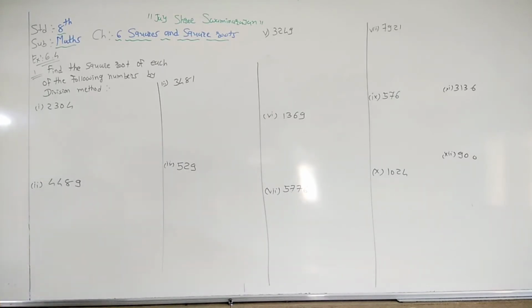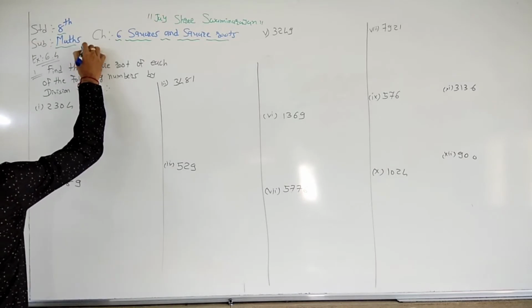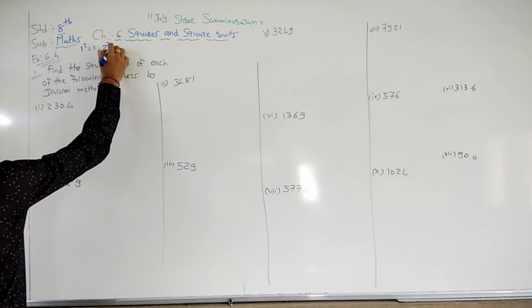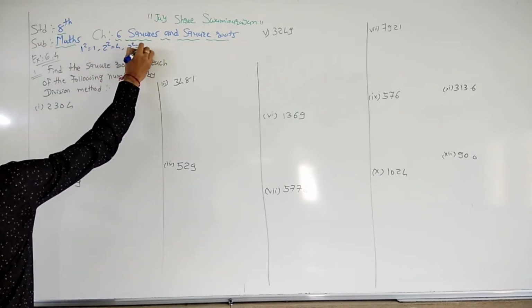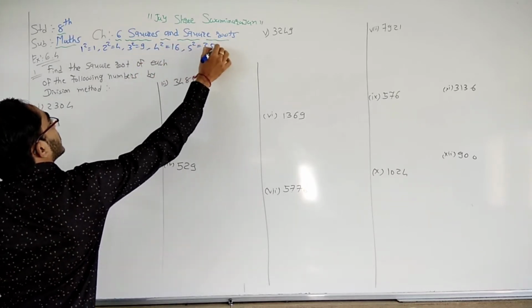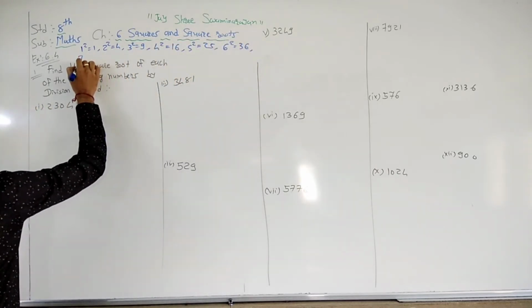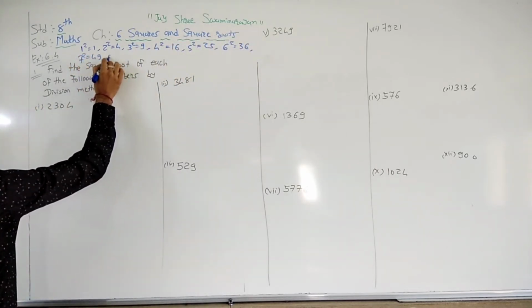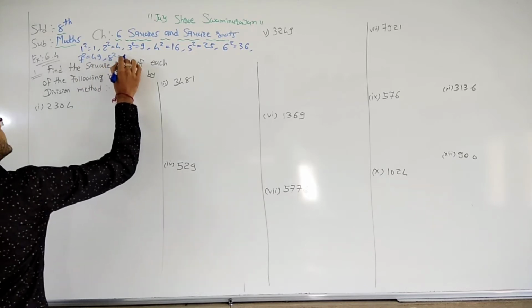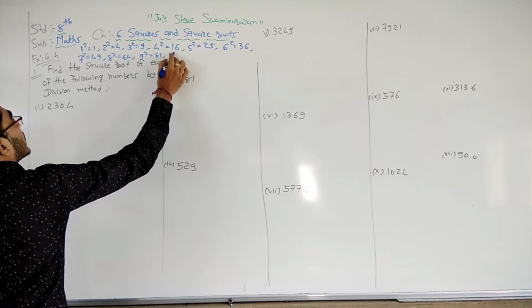Now our first question is 2304. But before that, we need the squares of 1 to 10. 1 square 1, 2 square 4, 3 square 9, 4 square 16, 5 square 25, 6 square 36, 7 square 49, 8 square 64, 9 square 81, and 10 square 100.